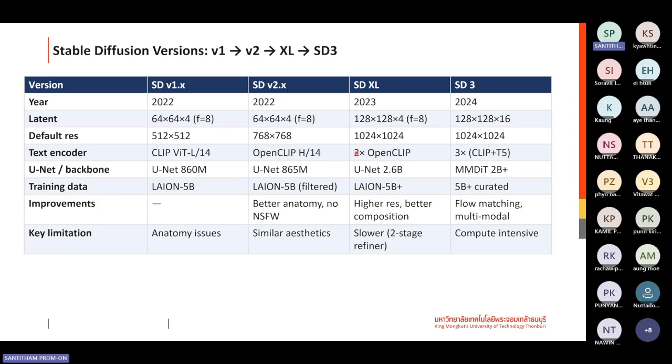That means you have two prompts, so you can do dual prompting, having prompt one explaining something and the refiner explaining another thing. Better resolution, better composition. We look at this one. The latest one, SD3, although the year is 2023, I think the work right now is still about this model, going further and further.